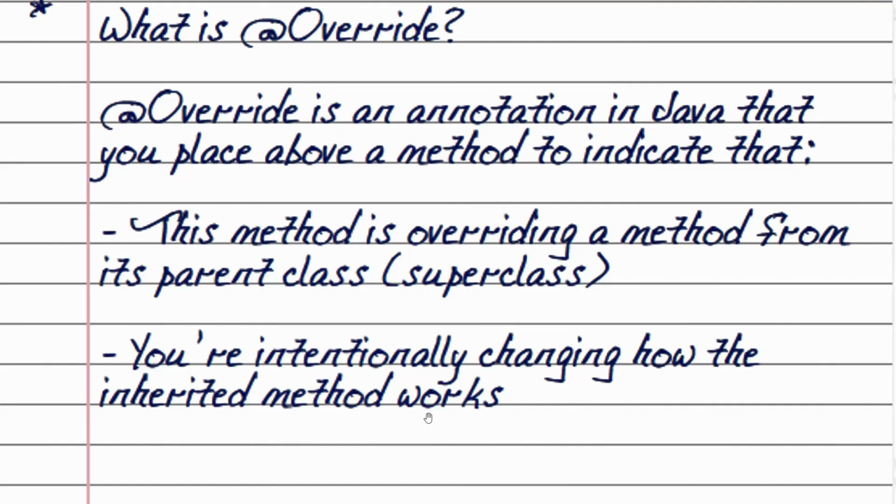So that is nothing but the override. So first, this method overrides a method from the parent class, that is nothing but the superclass, and second, you are changing the implementation details in the child class that are different from the parent class.